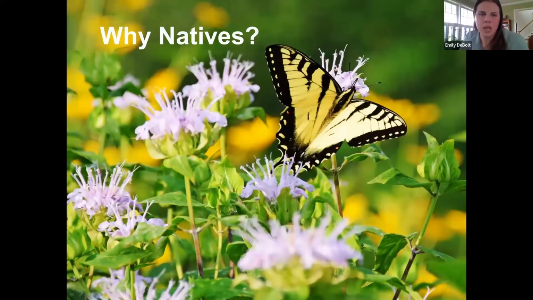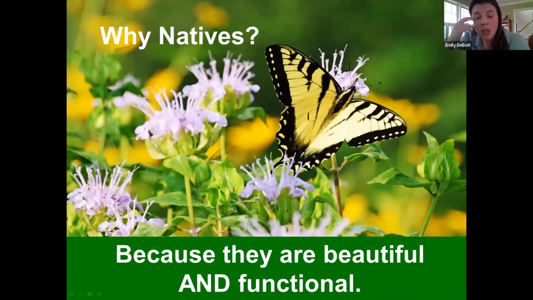So, okay, take a breath from that whirlwind of plants. But just to remind you, why are we talking about all of these? Why natives? Really because they can be beautiful and functional. So depending on what you're trying to do in your yard, you can still have a beautiful backyard, you have options, but yet you can be providing function and really helping with ecological integrity in your own backyard, which is more and more important.